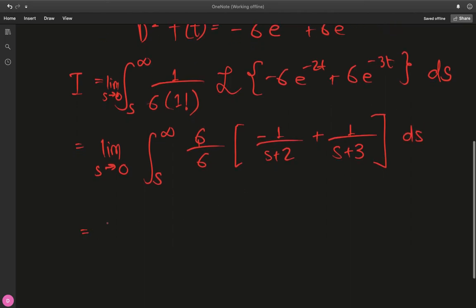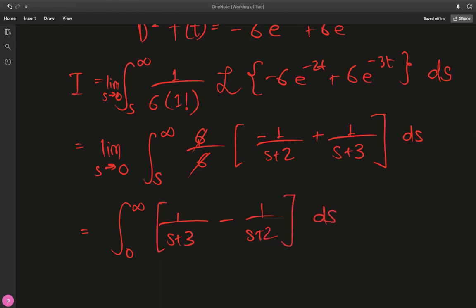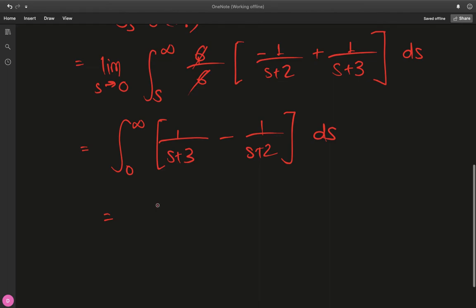ds. We can take the limit and this will become integral from 0 to infinity of 6 over 6 is 1, so that goes away. 1 over s plus 3 minus 1 over s plus 2 ds, and the antiderivative of this is natural log of s plus 3 minus natural log of s plus 2 evaluated from 0 to infinity.